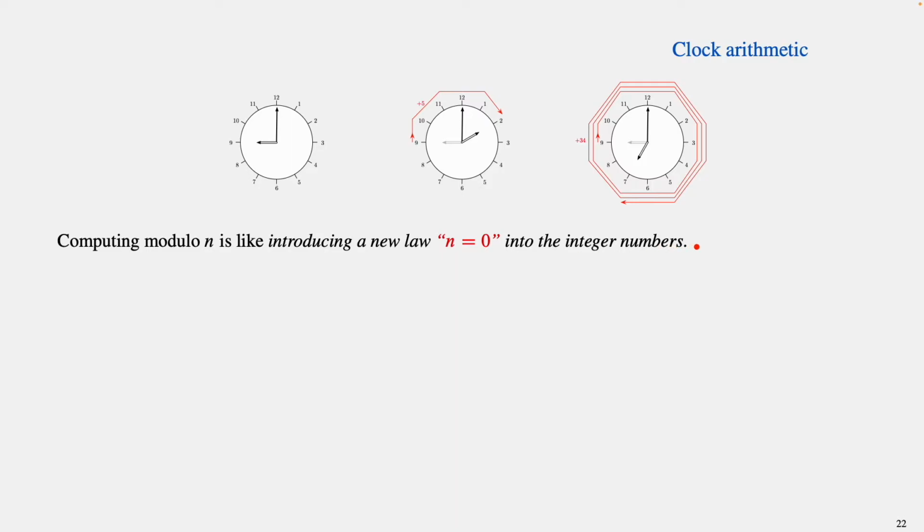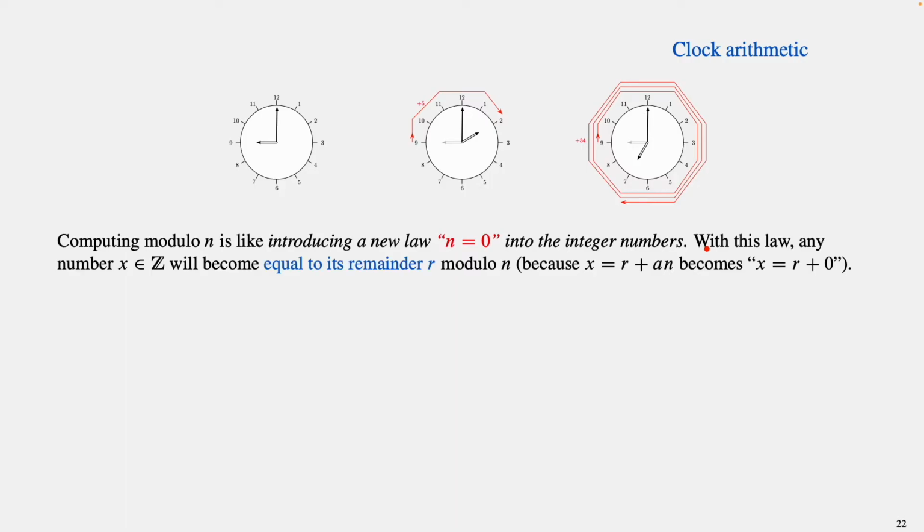But when we compute times on the clock, this becomes true. So there's a different arithmetic here than the usual integer arithmetic, even though it looks very similar.